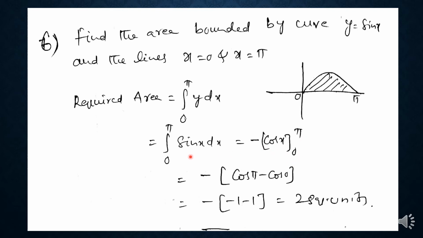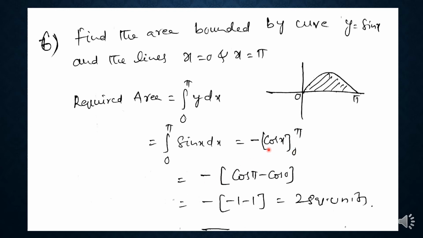In integration, if we get a minus before applying the limits, keep the minus out of the function before the bracket, then we can apply the limits without confusion. So integral sin x dx is minus cos x, minus of cos x from 0 to pi.